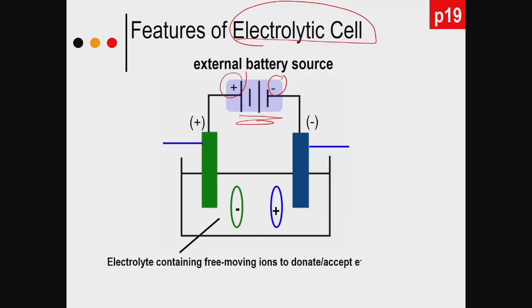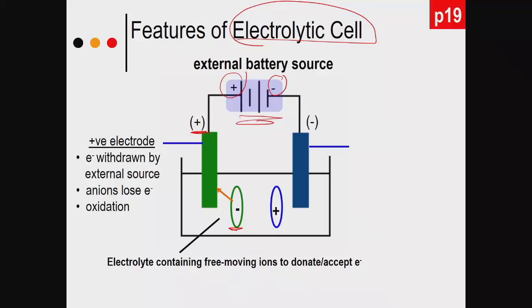Now, because this is the positive electrode, your anion will be attracted. The anion is attracted to the positive electrode, and the anion loses electron. When it loses electron, it undergoes oxidation. So this electrode is where oxidation takes place, because anion will lose electron there. Then on the negative electrode, the cation is attracted to it.